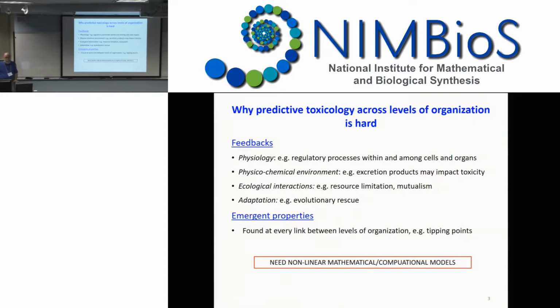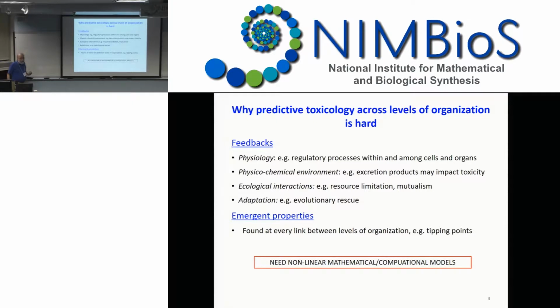There are interactions with the physical-chemical environment, and that came up briefly in some of the discussion at the end of yesterday afternoon. There are ecological level interactions, resource limitation, mutualism, and so on, which, again, we've been talking about here. There is adaptation. Organisms adapt to stressed environments, and there are many documented examples of that.